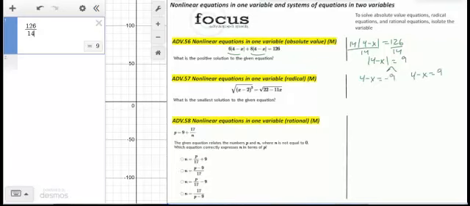Then we solve each of these equations separately. If we subtract 4 from both sides and change our sign, we get x is 13. And here, if we subtract 4 from both sides and change the signs, we get x is equal to negative 5. So negative 5 and positive 13. It asks for the positive solution, which would be 13.